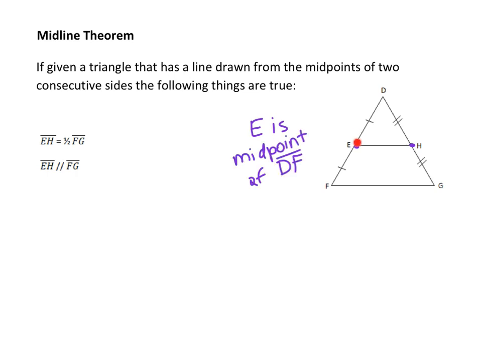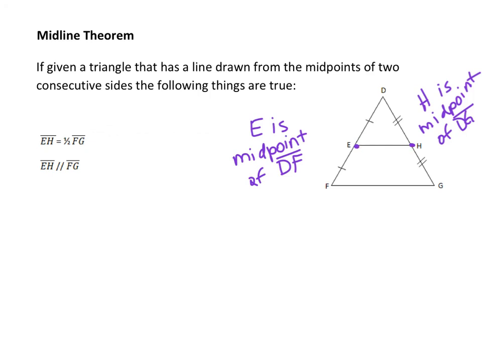So you can see DF, it split it into 2 congruent segments, and then H is the midpoint of DG.